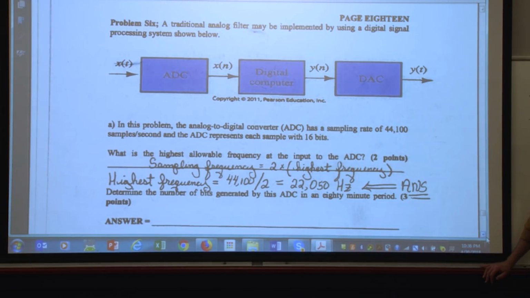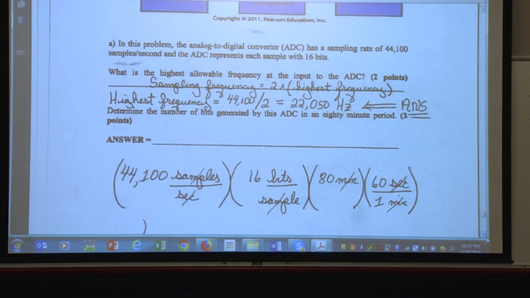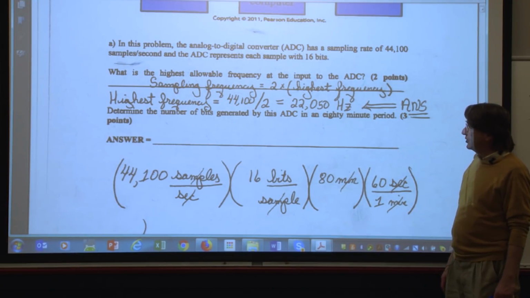Determine the number of bits generated in an 80-minute period. My colleagues, follow the units on this. The units will not let you down. So follow the units. We have 44,100 samples per second. That was given. We have 16 bits per sample.